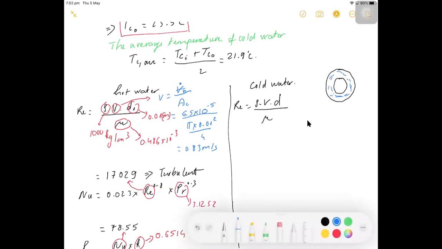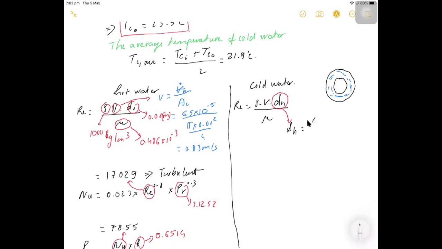Okay, so the D here is a hydraulic diameter. And how to get the hydraulic diameter? Dh here, you have Dh equal to 4 times cross-section area divided by perimeter.